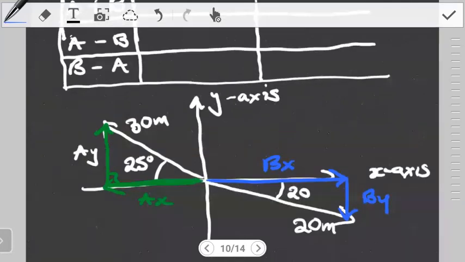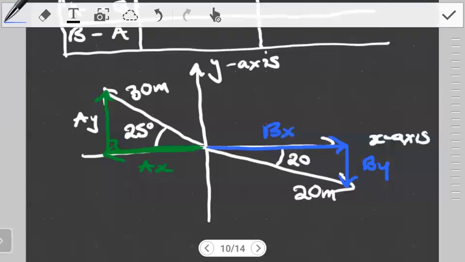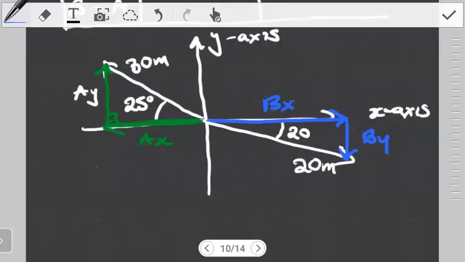Here you notice that the x component of b is adjacent to the angle. Because the x component is adjacent to the angle, we know we're going to use cos here. This is a shortcut that I always use, but you can still go ahead and use the trig ratios to say cos will be something like this.